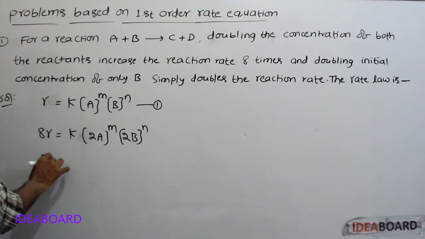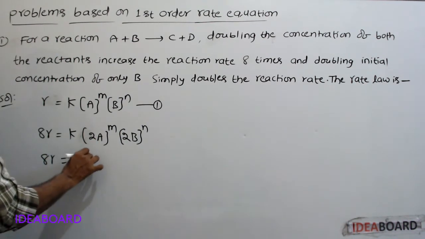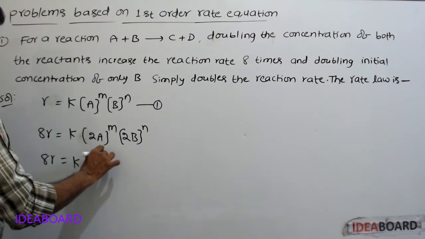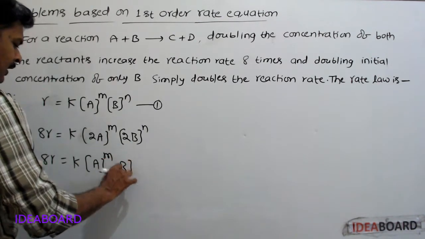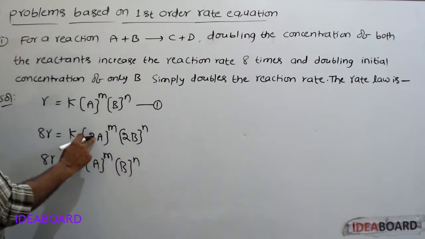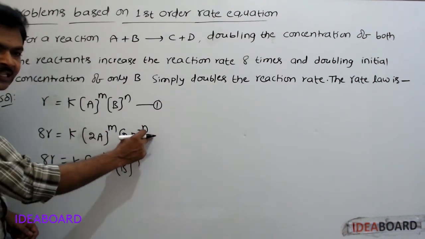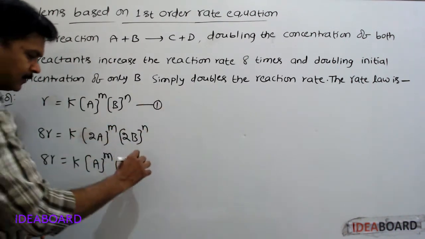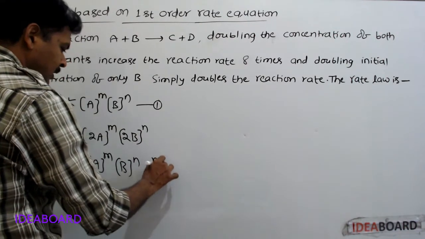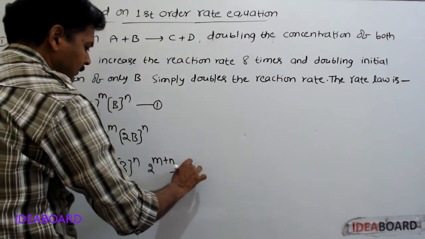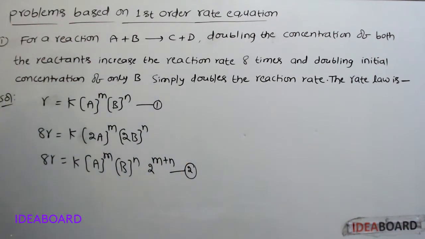This I am writing like this: 8R is equal to K into A concentration power m, B concentration power n, and here 2 power m, 2 power n is there. We can write 2 power m plus n. This is the second equation.